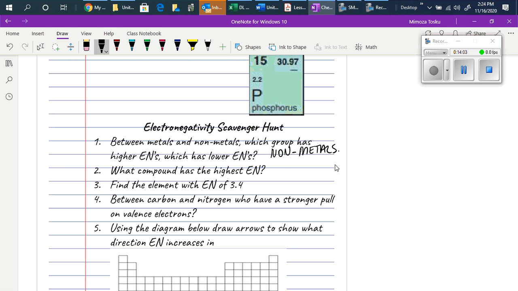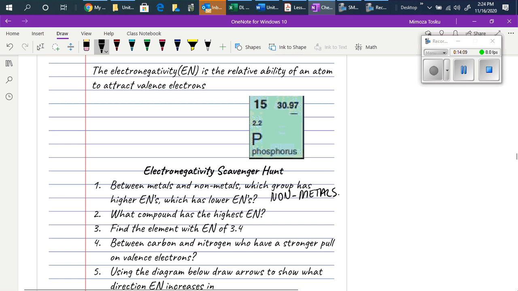And how do you find the electronegativity number in the periodic table? If you look at the periodic table, let's say in the case of phosphorus, 15 is the atomic number, the number of protons in the nucleus. 30.97 is the atomic mass.